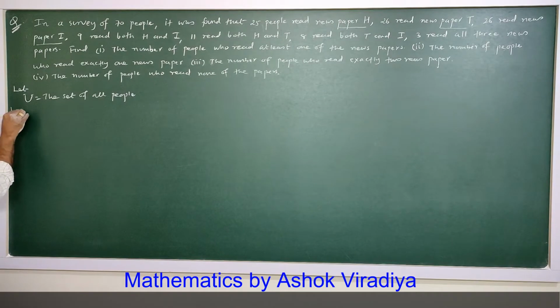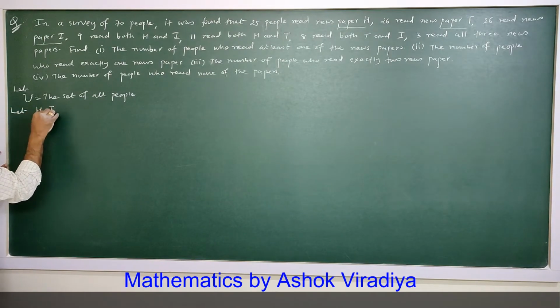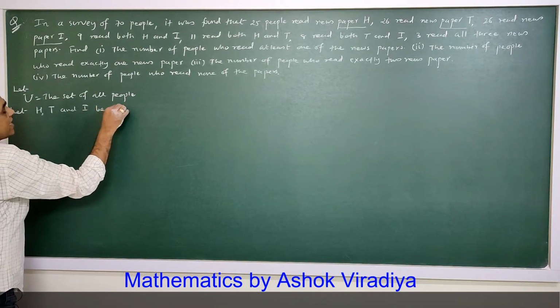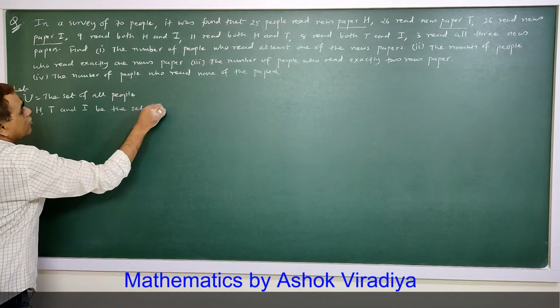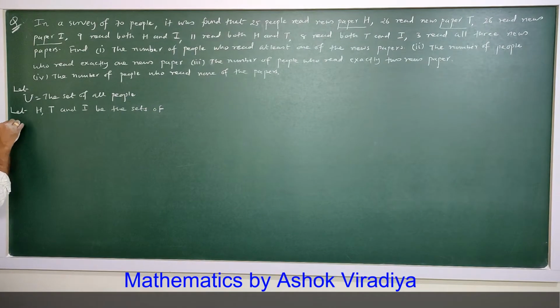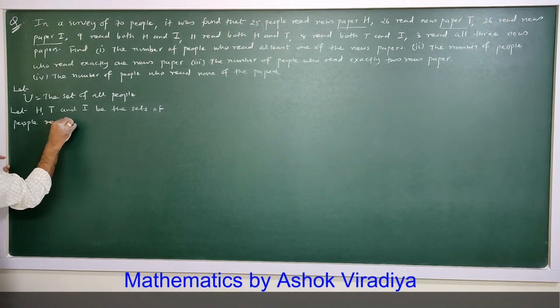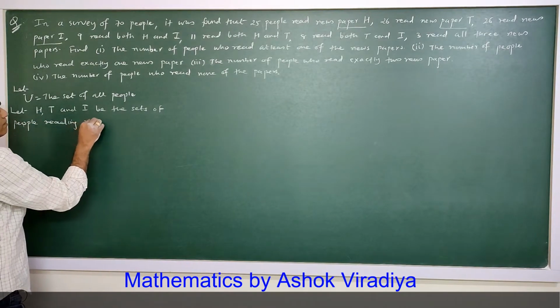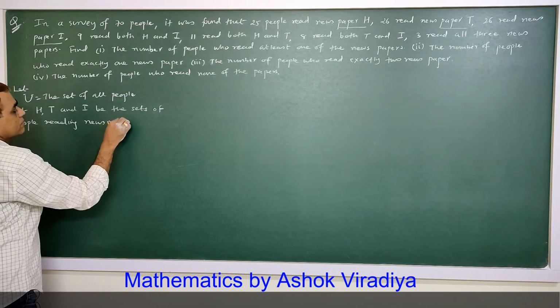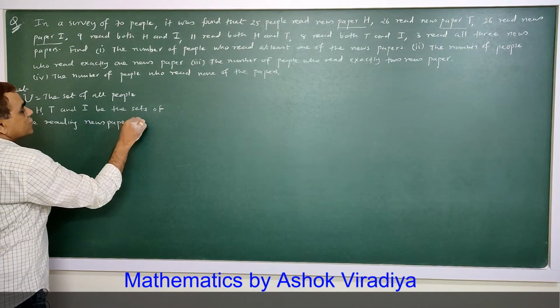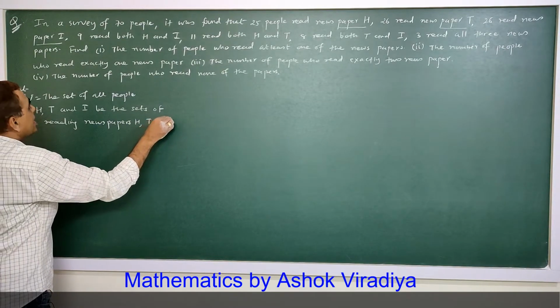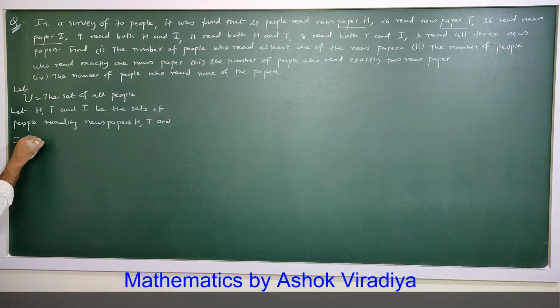Let H, T and I be the set of people reading newspaper H, T and I respectively.